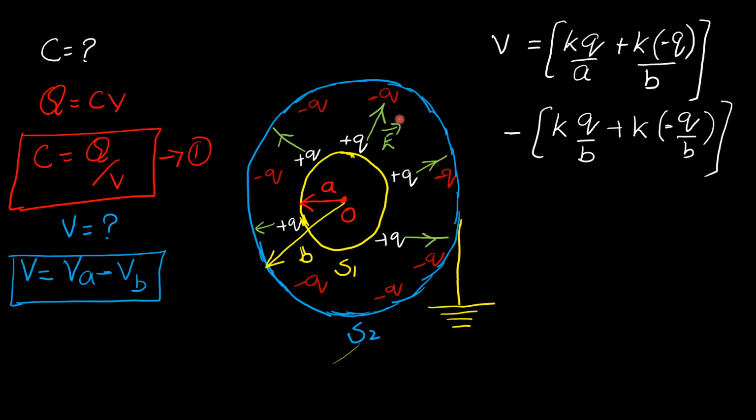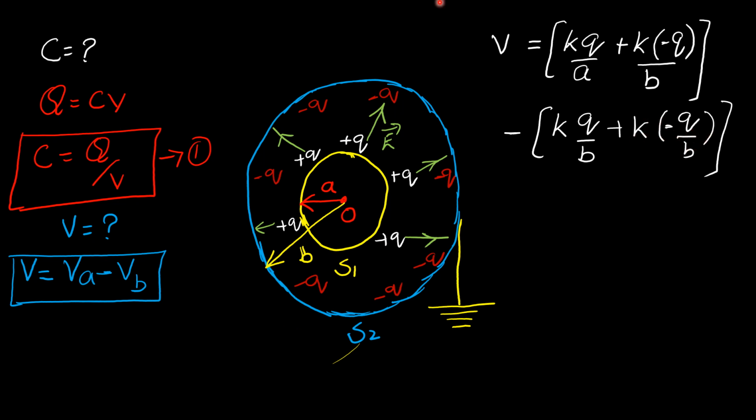So the potential will be KQ divided by A plus K into minus Q divided by B, the potential created on the surface. Similarly, on the surface there are negative charges, so the potential will be due to the positive charge, KQ divided by B, the radius of sphere S2, plus K into minus Q divided by B from the negative charge present on the sphere.